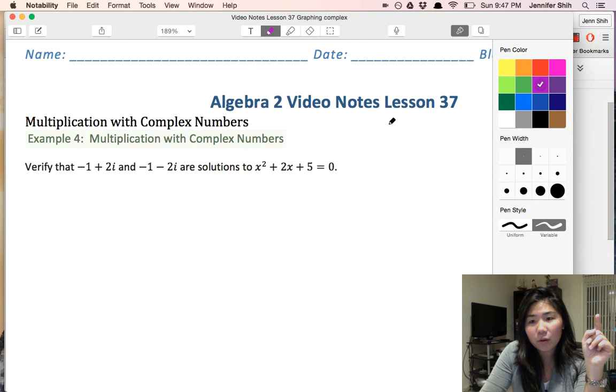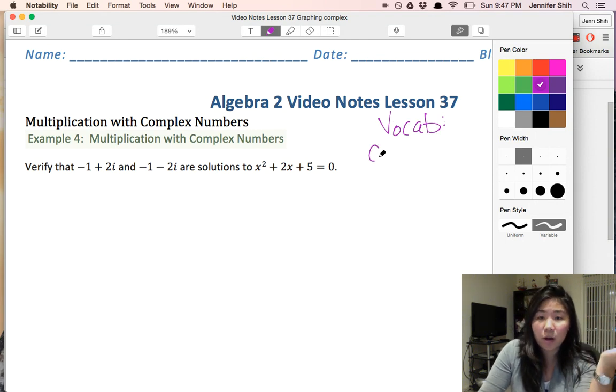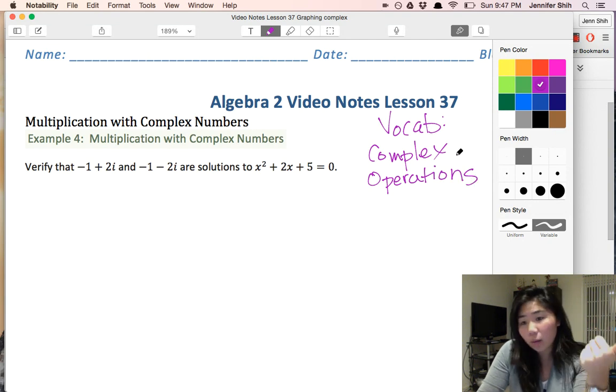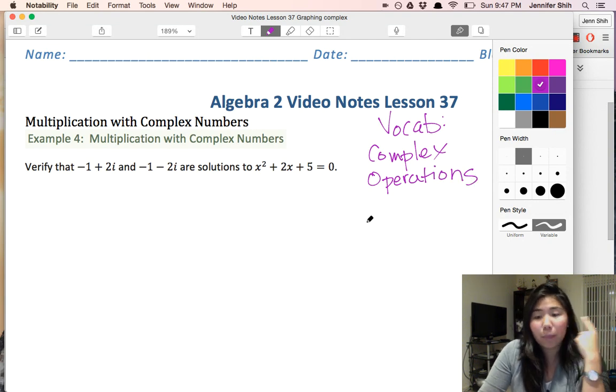But if you're following along and you want to follow along with our vocabulary, we are going to be talking about complex numbers. We're going to be talking about operations. So adding, subtracting, multiplying, and dividing are all operations. We're going to be using box method to FOIL.